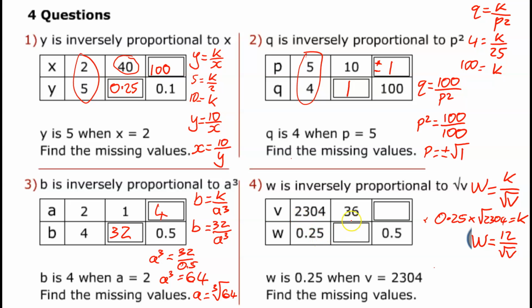So when v is 36, it's going to be 12 divided by 6, which is 2. And then when w is 0.5, we've got the square root of v is 12 divided by 0.5, which is 24, so v is equal to 24 squared. I don't know what 24 squared is. 576, there you go.